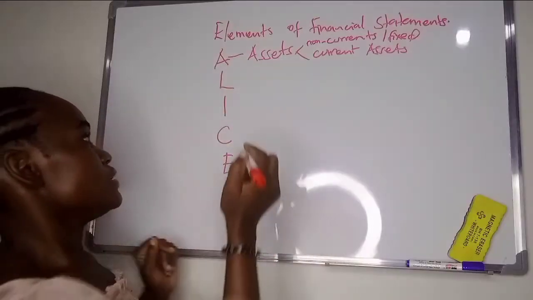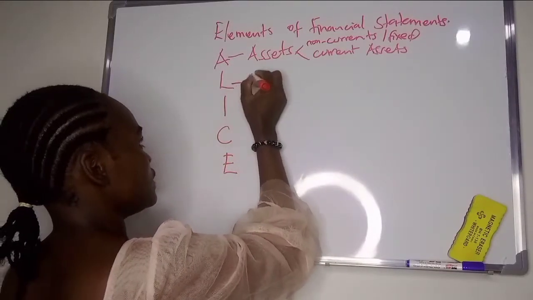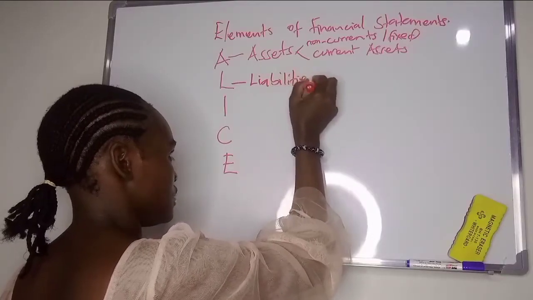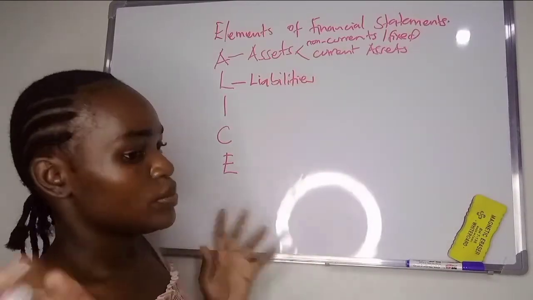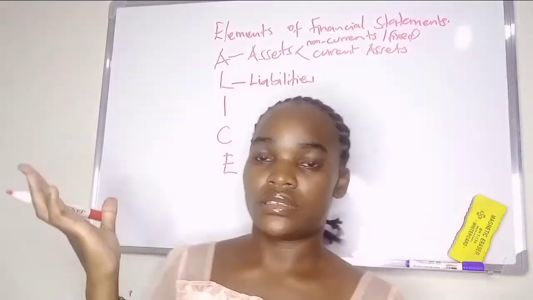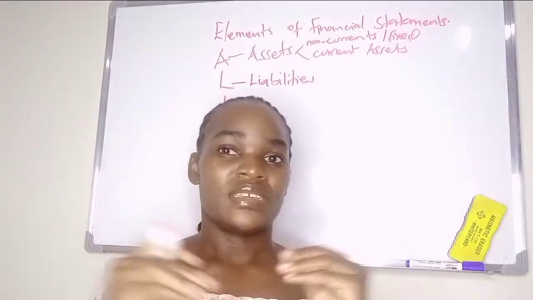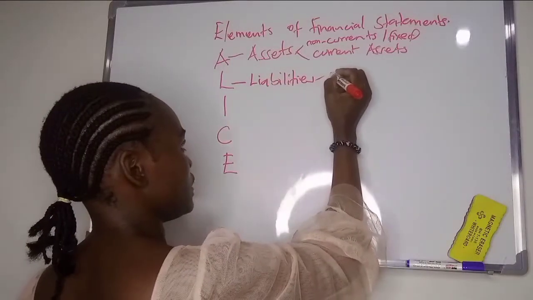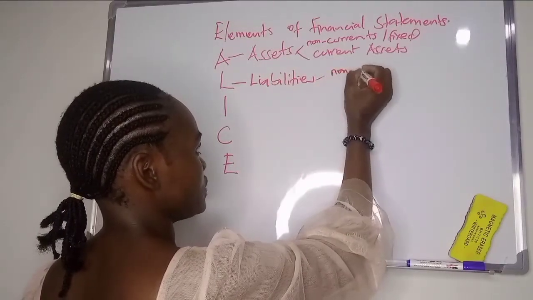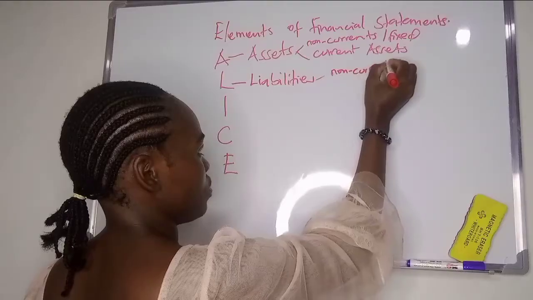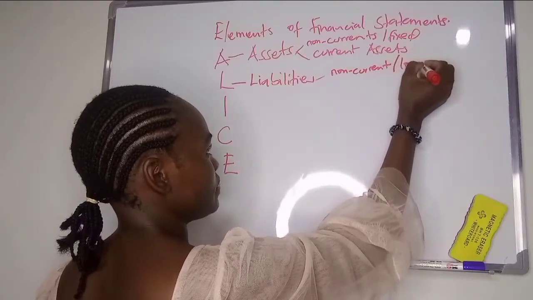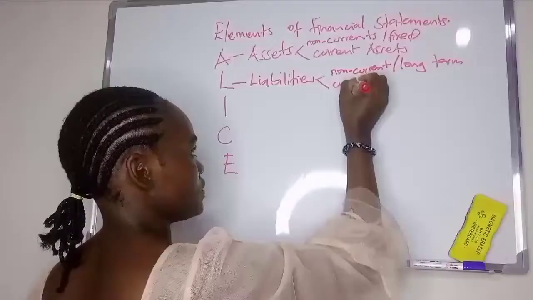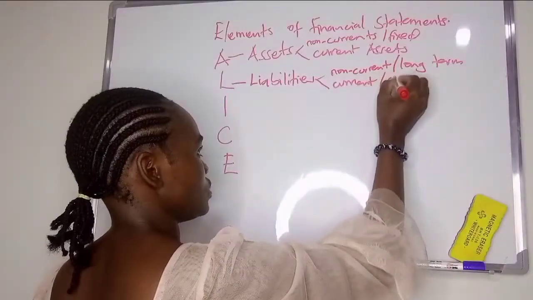Then liabilities, L is for liabilities. A liability is an obligation to the entity, something like a debt. So liabilities will also have non-current or long-term, then current or short-term.